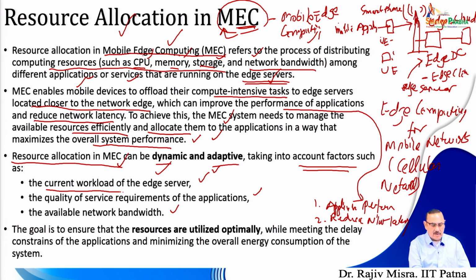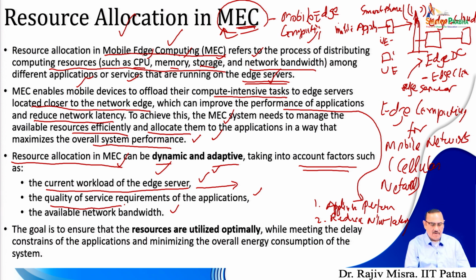They are the current workload of the edge server. We mean the availability and the current use of the edge servers, that is, what resources are available and how much they are going to be used in the further future.